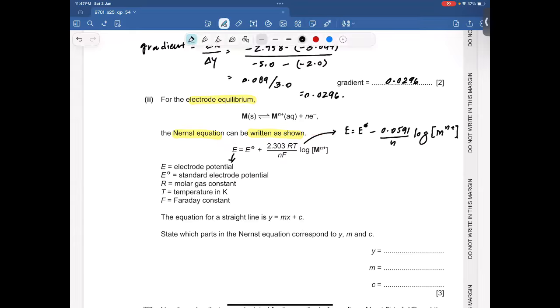This is basically your y-axis. This is basically your c. This is basically your x-axis, and this is basically your gradient. So gradient is represented by m, which is equal to 2.303 RT upon nF. That's your gradient.